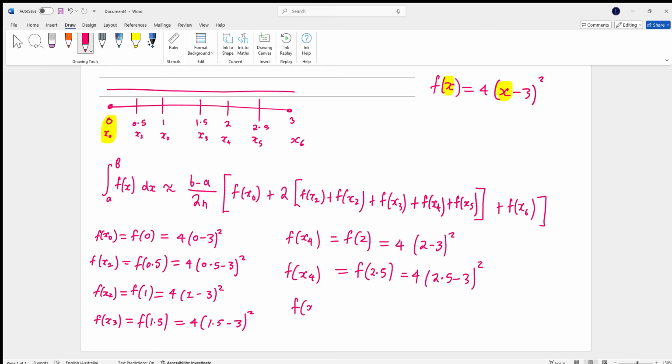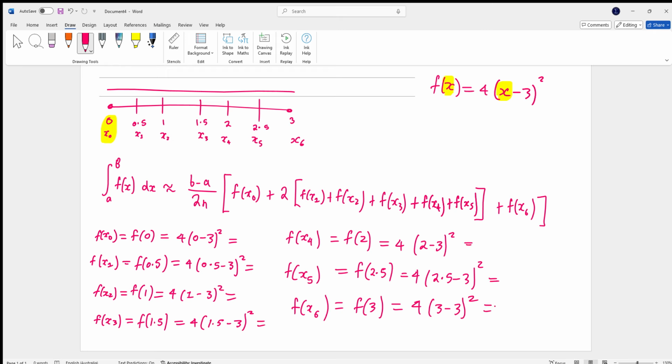And then f of, hang on, what did I just do there? That's not f of 4, that's f of 5. Get rid of that comment you're typing right now. Okay, f of x of 6 is f of 3, which is 4 times 3 minus 3, all squared. Alright, now we've got to work out what all of these numbers are, and then we've got to put it into the rule.